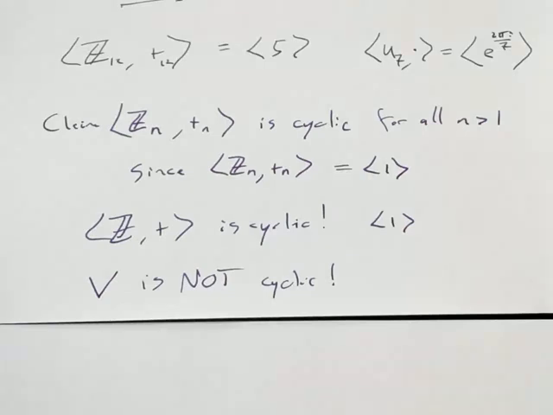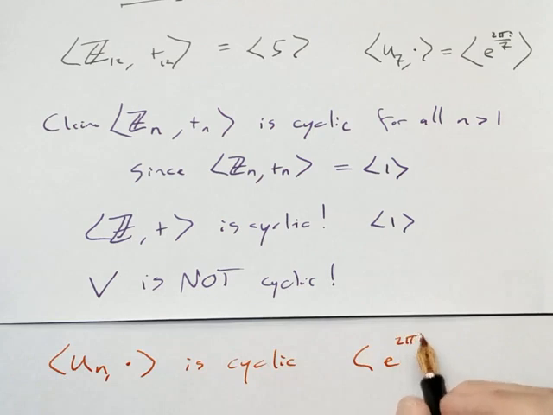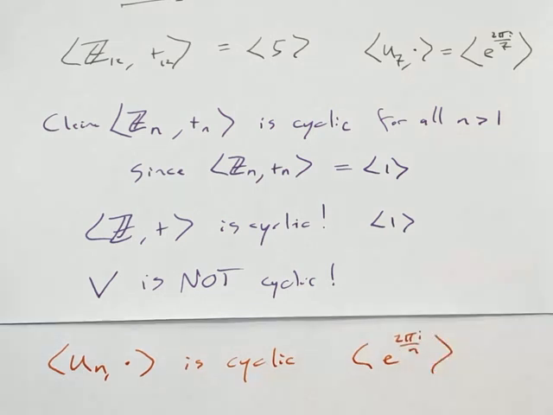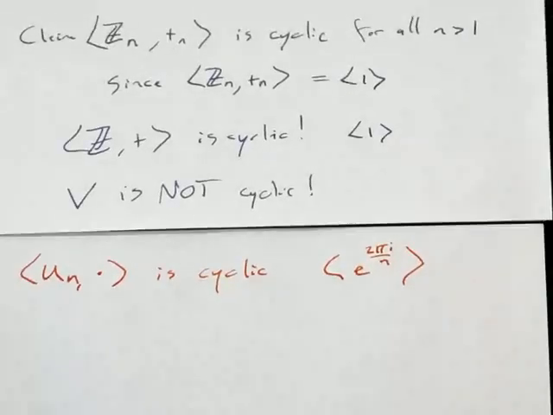Values of n. That's primitive roots of unity. Cyclic groups.